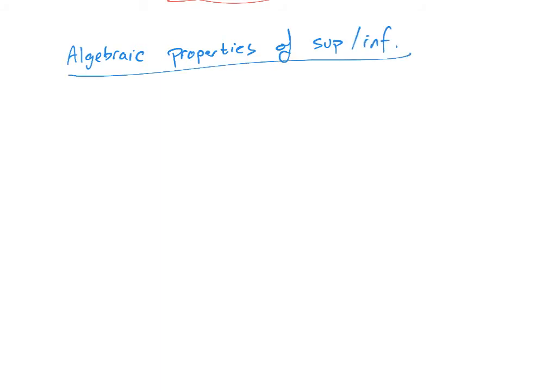Okay, there's a bunch. It would take too long to do proofs of all of them. I think we have time to do a proof of one of them. Basically, sup and inf work like you think they should.